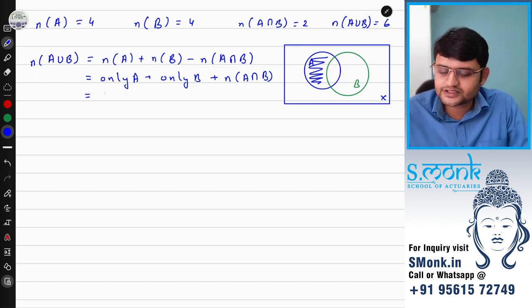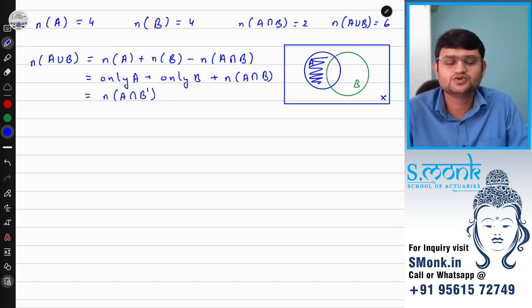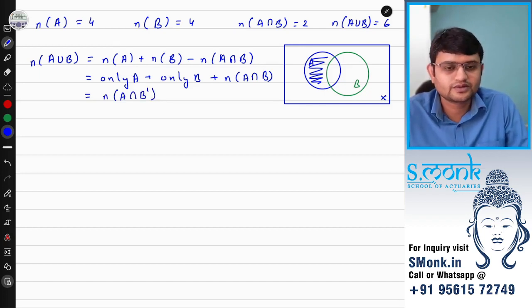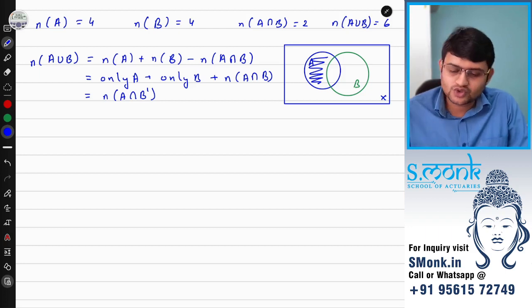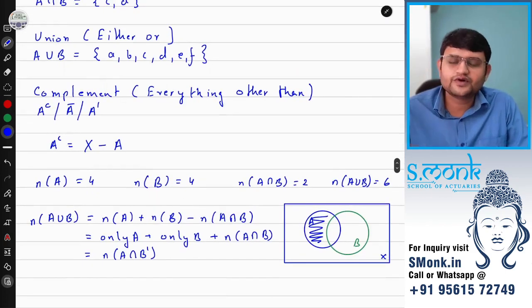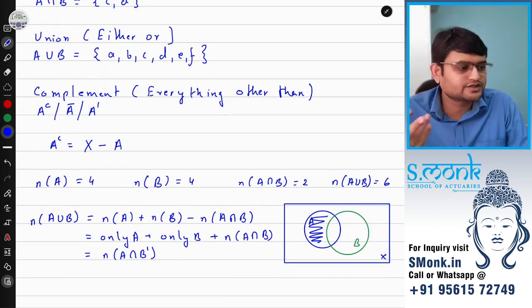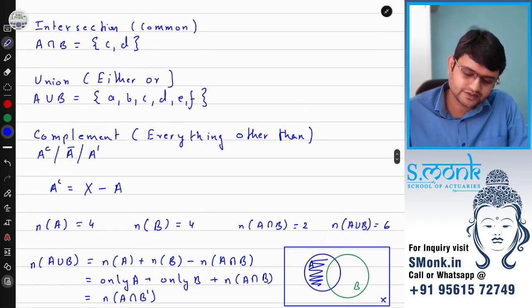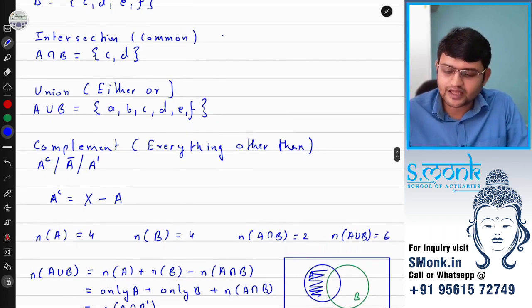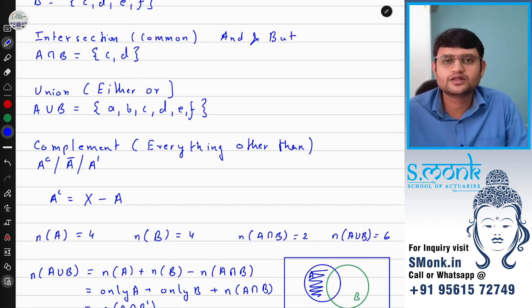Now I can say this is nothing but the number of elements in A but not in B, so B complement. Whenever we are converting a statement into sets in mathematics, we say intersection can be written as "and", or it can be written as "but". These are all the same thing.